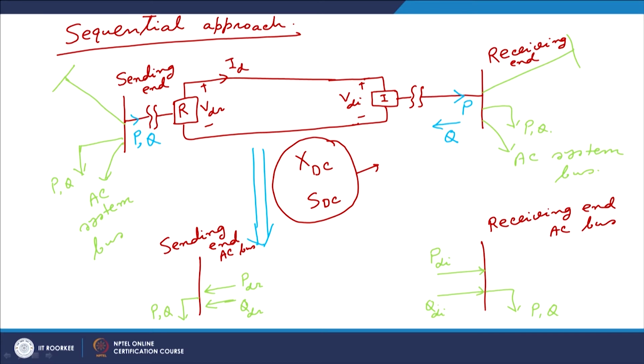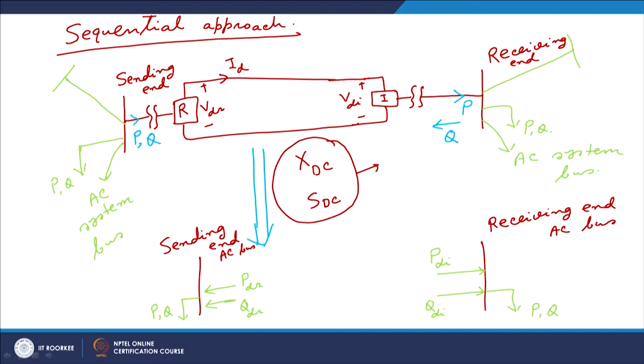So, once we represent the effect of rectifier and inverter as equivalent real and reactive power injection at both the sending end bus and the receiving end bus, then the entire DC link is effectively taken into account.